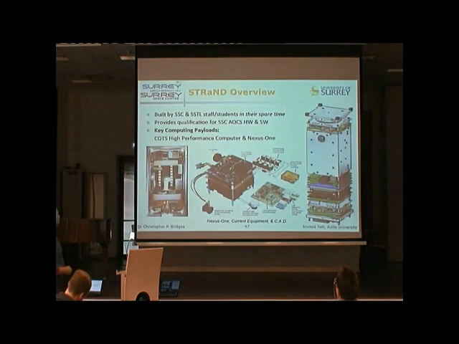Another approach is different kinds of phone sets, and this is Strand by Surrey, trying to use existing electronics like phones, where you have most of the stuff which is needed for a satellite already existing. You have gyroscopes, you have magnetometers, cameras, all the radios, central CPU, everything is there. Memory is there, everything is there.